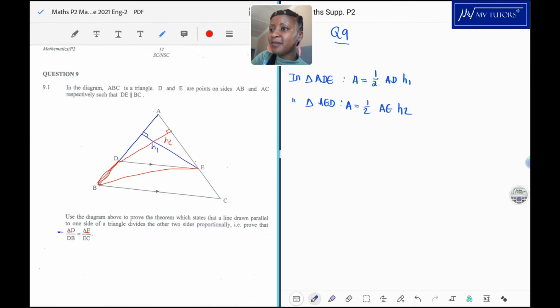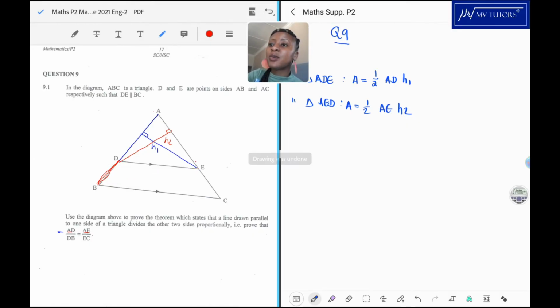If I look at triangle DBE, I'm still going to use the perpendicular height H1 because I can't use DE as a perpendicular height. It is not going to work. So let me just remove all those mini marks. Here I will have triangle DBE, and its perpendicular height will be H1.